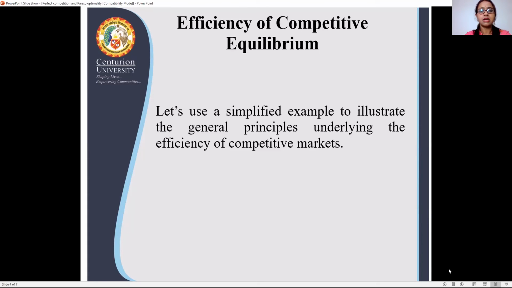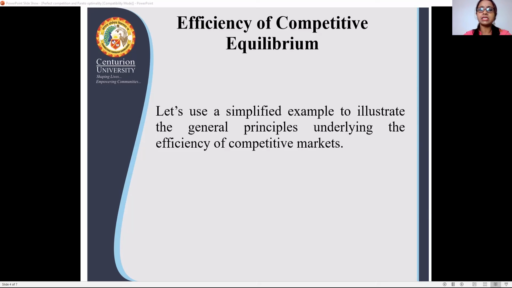So we start with the discussion of the efficiency of competitive equilibrium. We assume there is a perfectly competitive market, and there are no externalities, whether pollution or imperfect information.